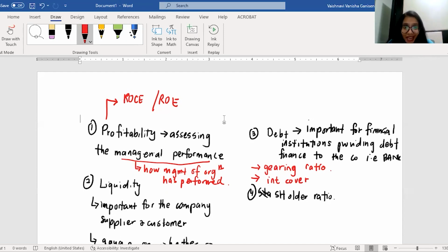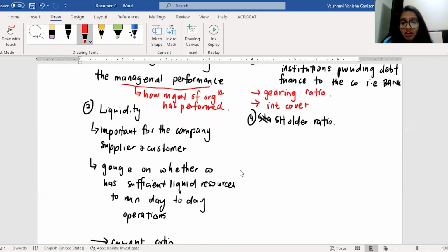would be the shareholder ratio. So we have already mentioned the shareholder ratio in the past video. What is the shareholder ratio, or why do we need to calculate the shareholder ratio? The shareholder ratio is very important to the investors or the shareholders of the company. Why?